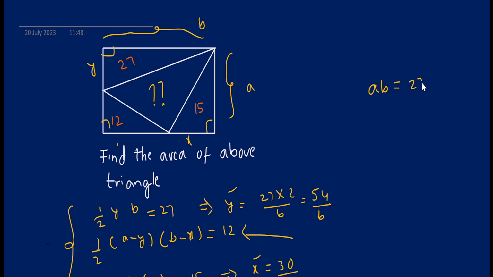So AB is equal to 27 plus 12 plus 15 plus the value that we want to find. Let's call it answer.